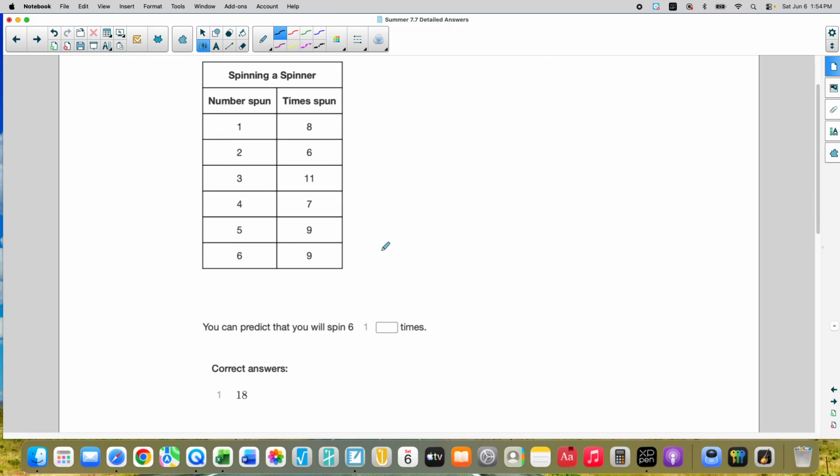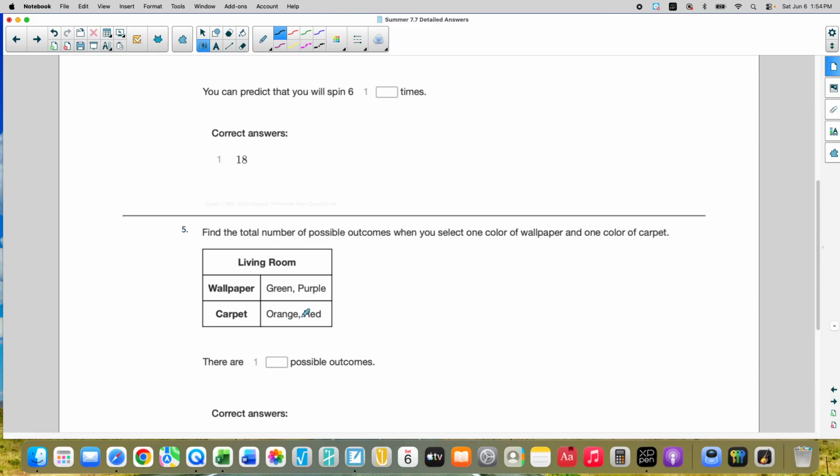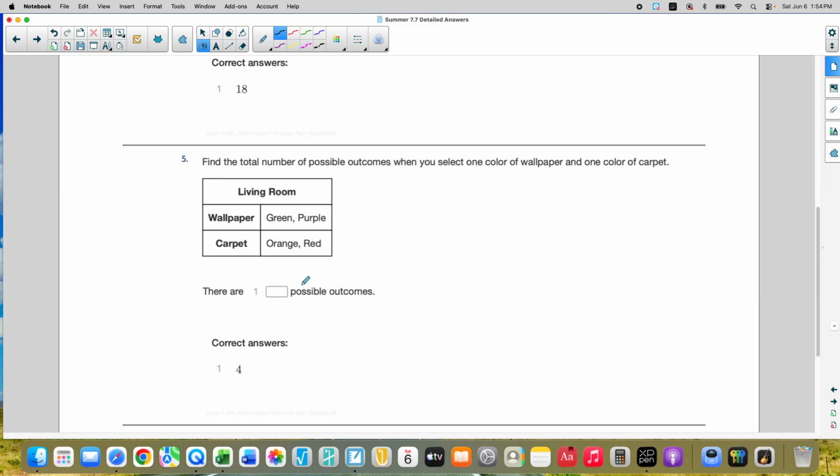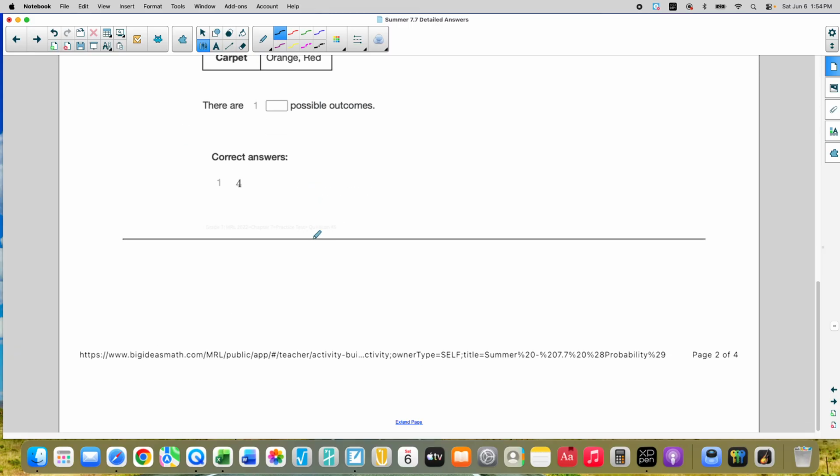Number spun is 18, so that's 9 out of 50. So out of 100 times would be 9 times 2 is 18. There are 4 possible: green, orange, green, red, purple, orange, purple, red. Those are the 4 different possible outcomes.